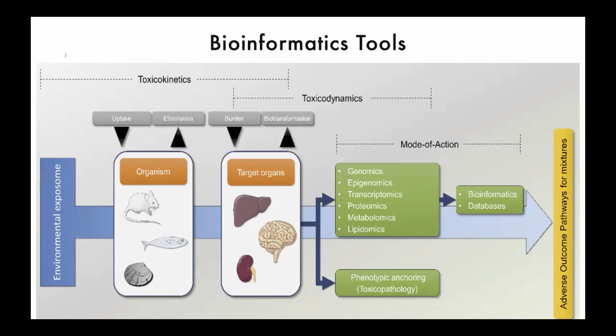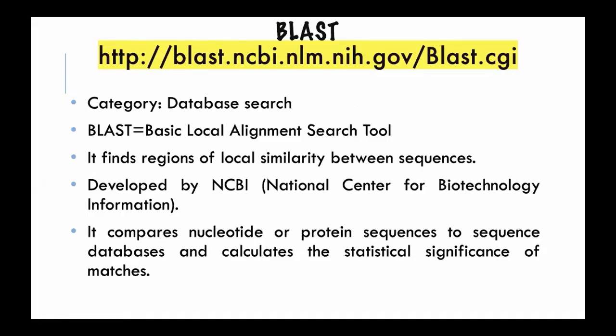The basic step in searching a database involves aligning the query sequence to each sequence in the database. So BLAST uses heuristics to align a query sequence with all sequences in the database.